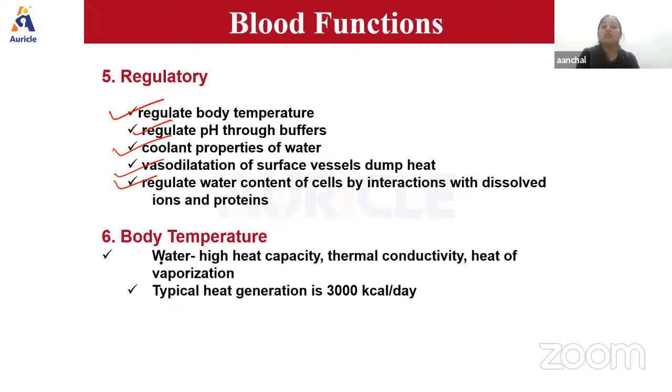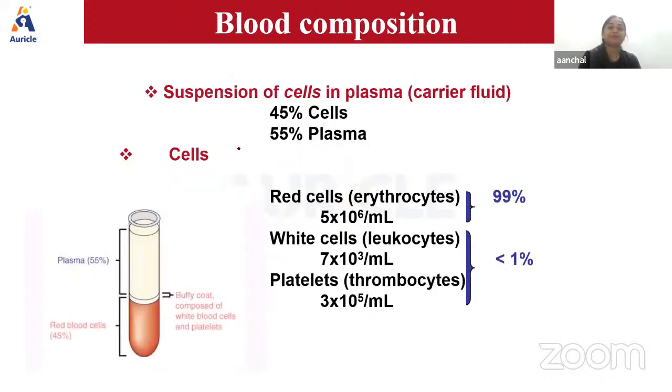Then for body temperature, water has high heat capacity, thermal conductivity, and heat of vaporization. These are the techniques by which it can control body temperature. Typical heat generation is 3000 kilocalorie per day.